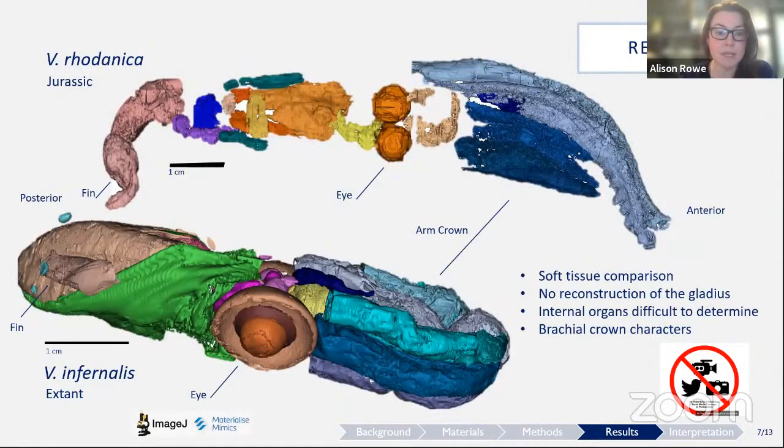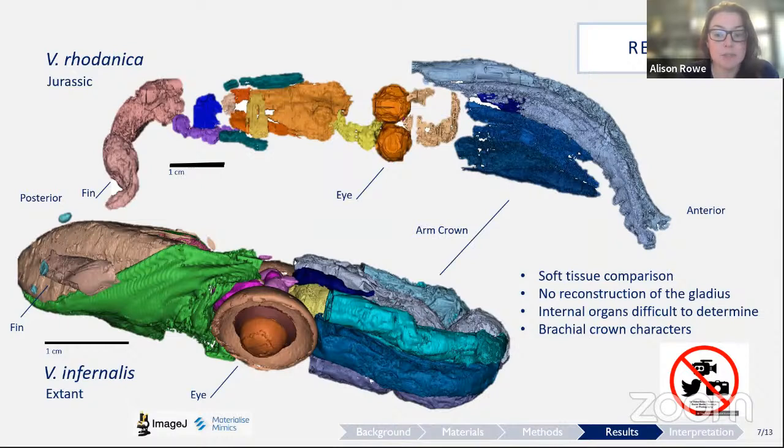So here are 2 of the reconstructed specimens, Vampyronassa on top and Vampyroteuthis on the bottom. Unfortunately, this technique did not allow me to identify or reconstruct the gladius of Vampyronassa.